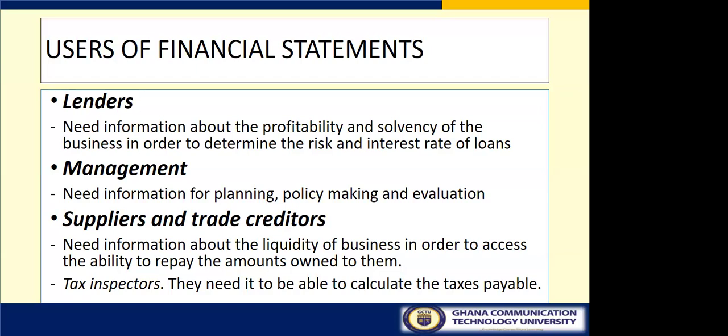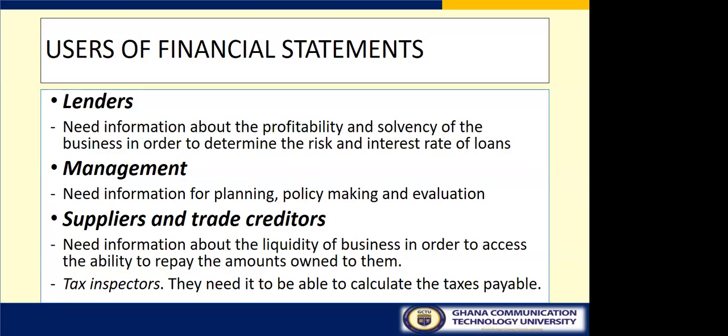Now, lenders need information about profitability and solvency, but investors don't need information about solvency. So this is Sandra. Can we say that lenders in some way are also investors?